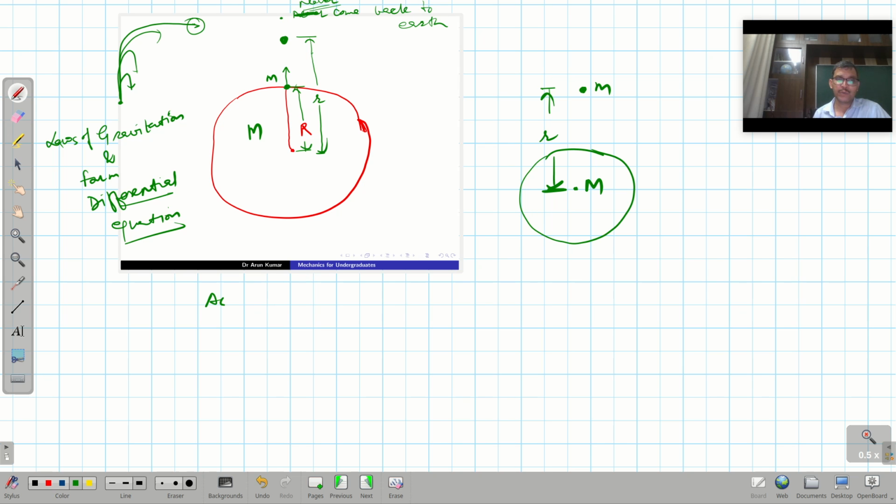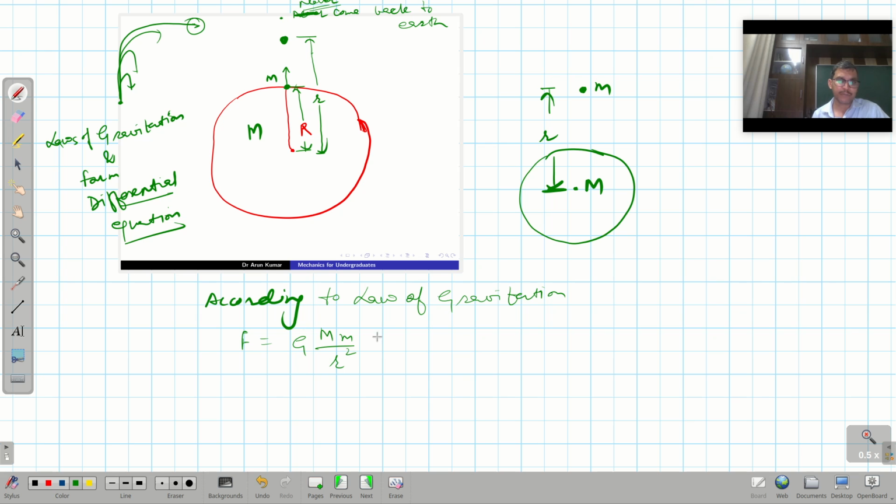So according to law of gravitation, force between two objects is equal to capital G M m over r square.